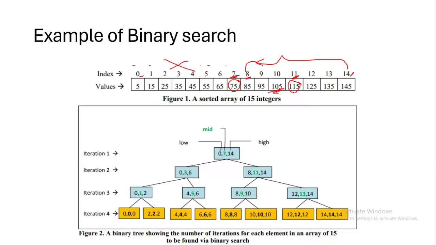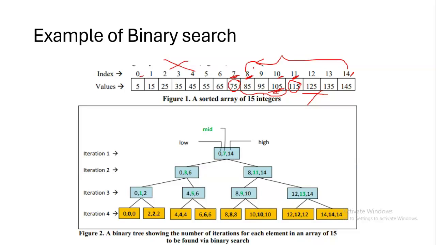So 115 is compared with the element to be searched, that is 105. As 105 is less than the mid element, we neglect the right half and focus our search on the left part only. Again there is an update in the upper bound: upper will become 10, and there will be no update in the lower index, which remains 8.